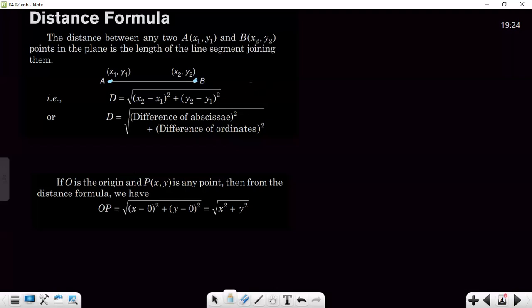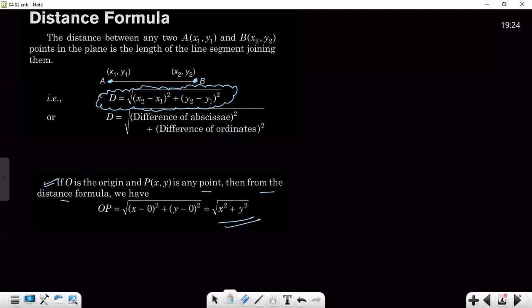Again, the root is from the Pythagoras theorem. So this is a very important formula. And if O is the origin, the case we have discussed, then the distance formula will be the square root of x square plus y square.